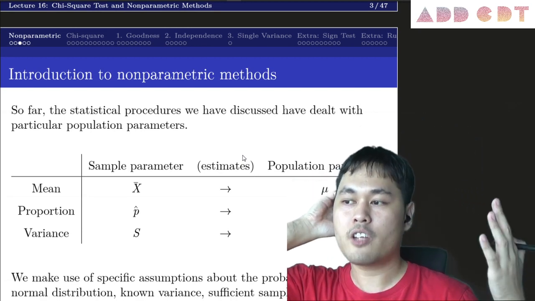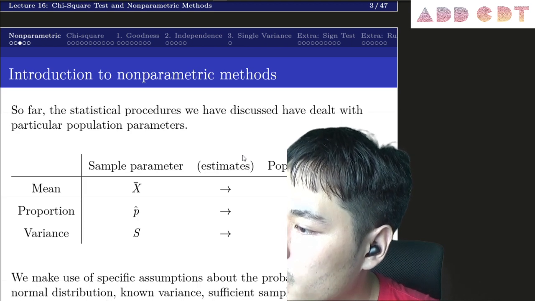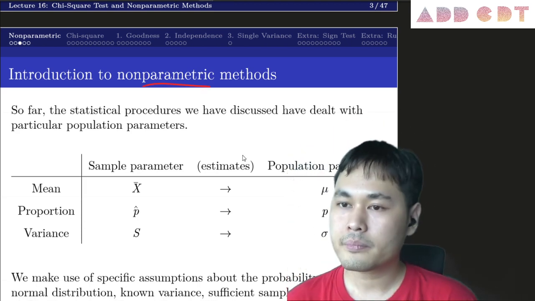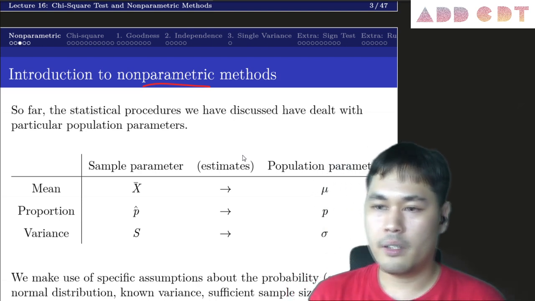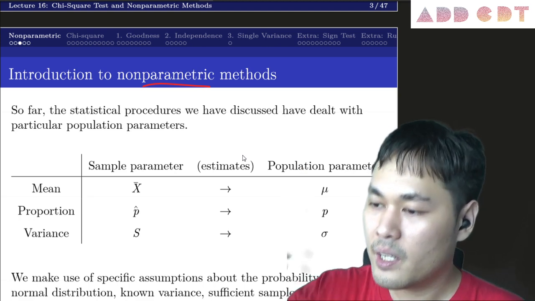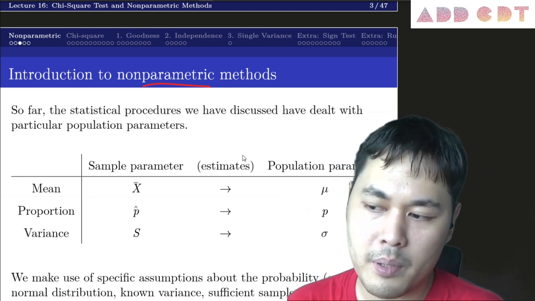So what we have talked about, by the way, is parameters. We have these 3 different main parameters that we can immediately get from the samples.